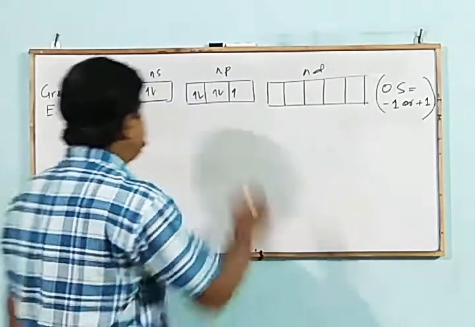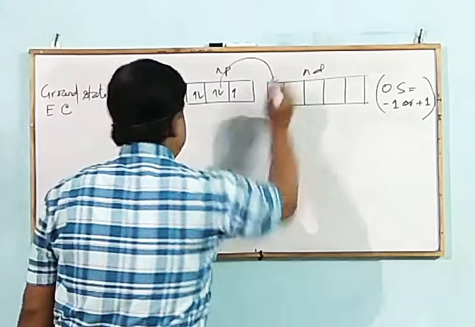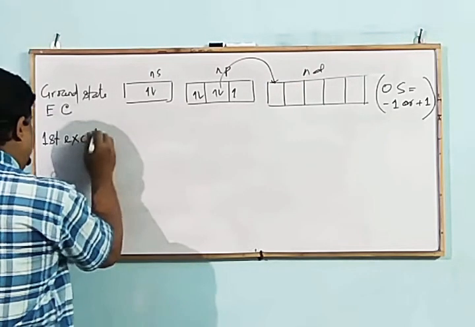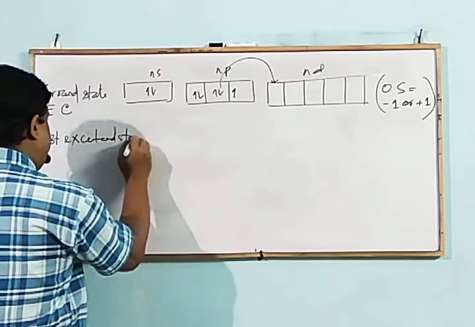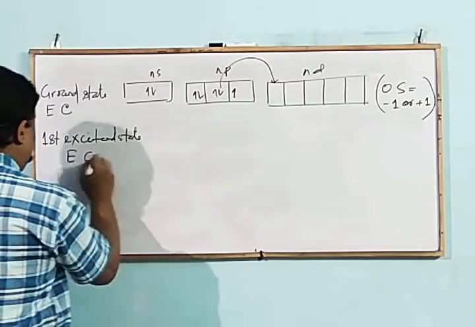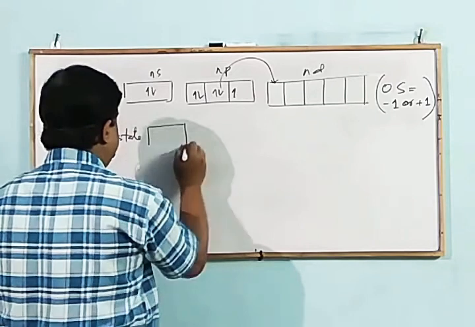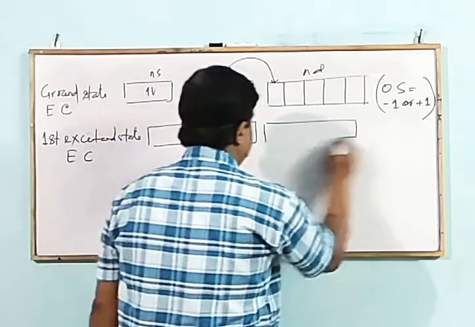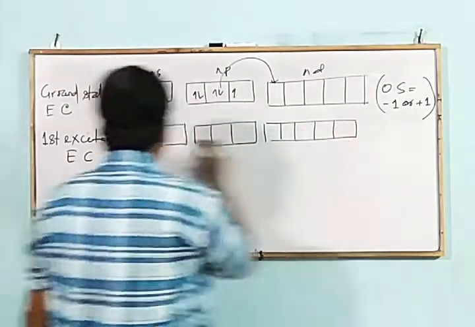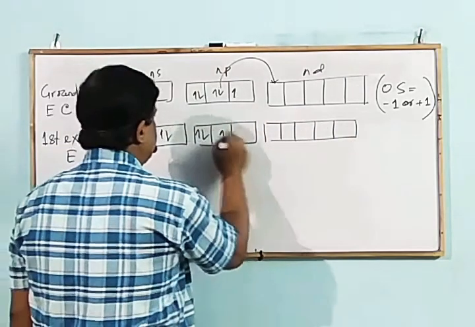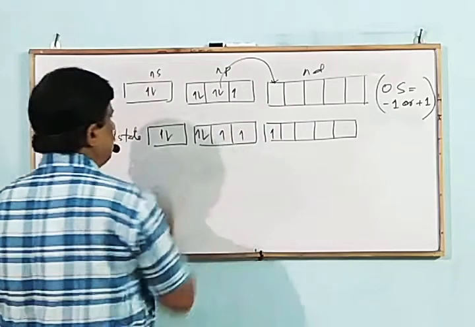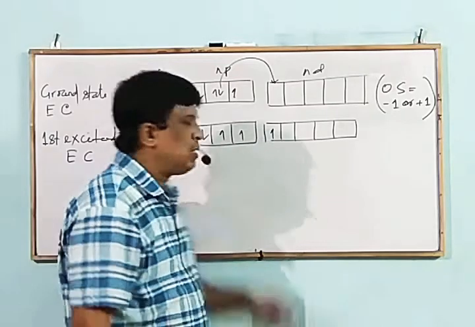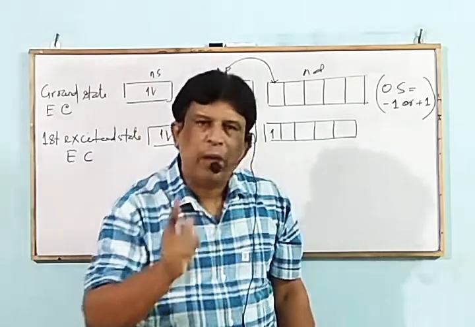Next, the first excited state. On excitation, this is the first excited state electronic configuration. Mark that. From this electronic configuration, it is clear that they possess 3 unpaired electrons.